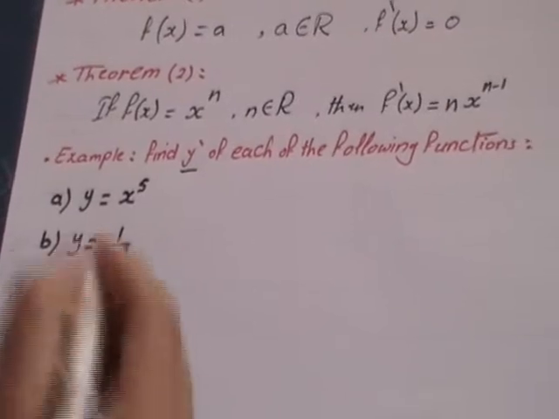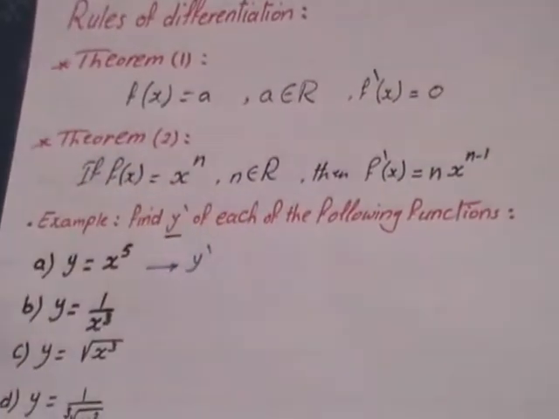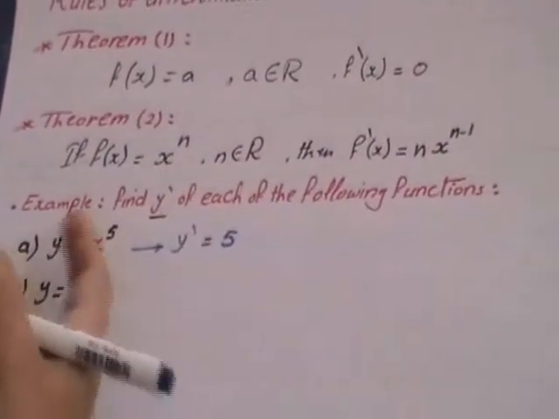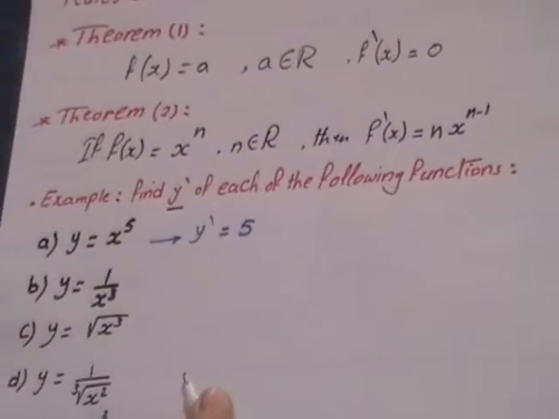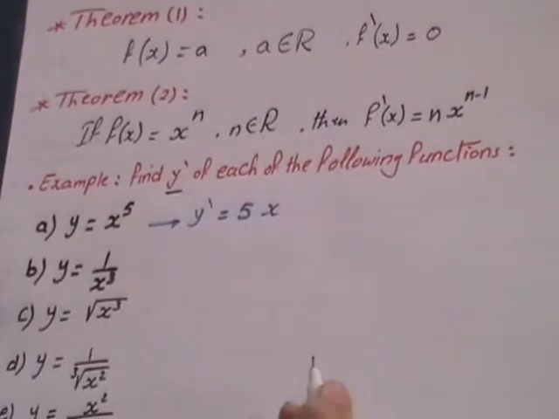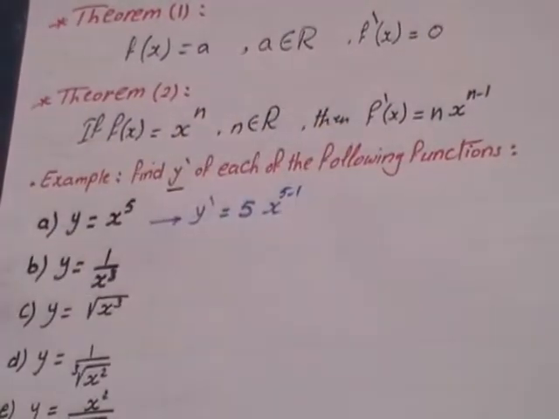How do we get the first derivative? Y dash will equal 5. We take the power 5 and multiply it by x, then we decrease the power by 1, 5 minus 1 in the power.